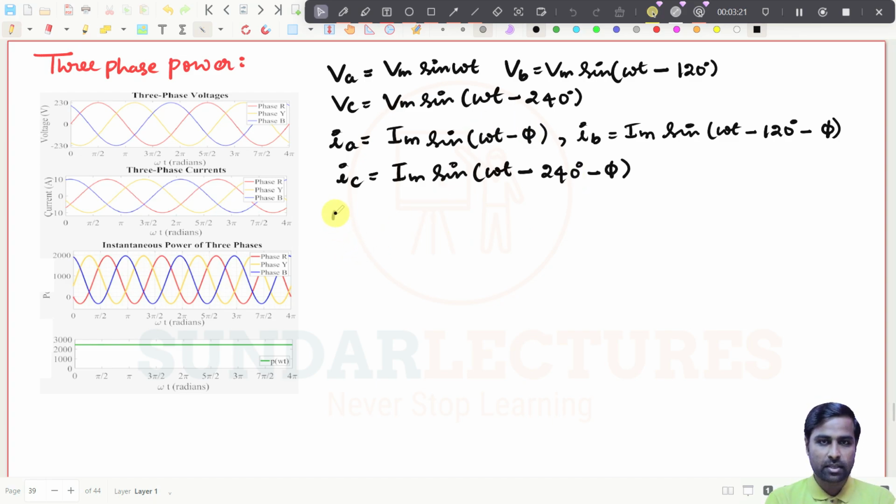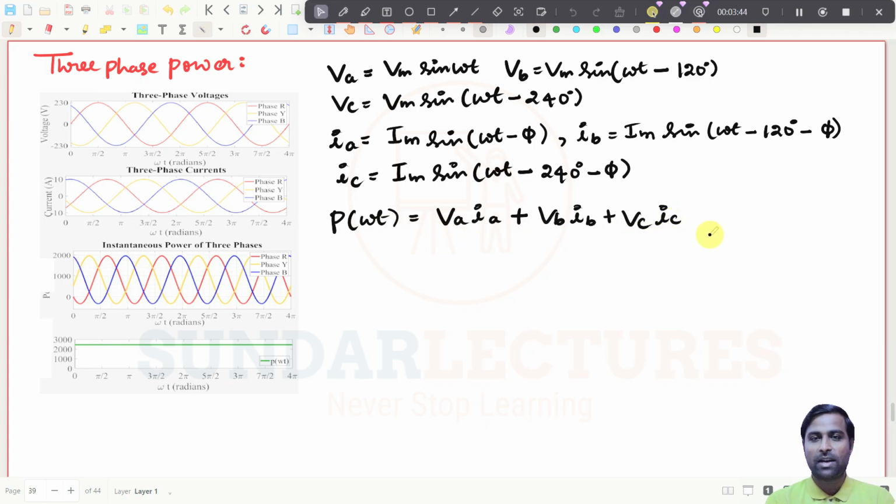Now, what is P of omega t, the total power? We know it is VA into IA plus VB into IB plus VC into IC.